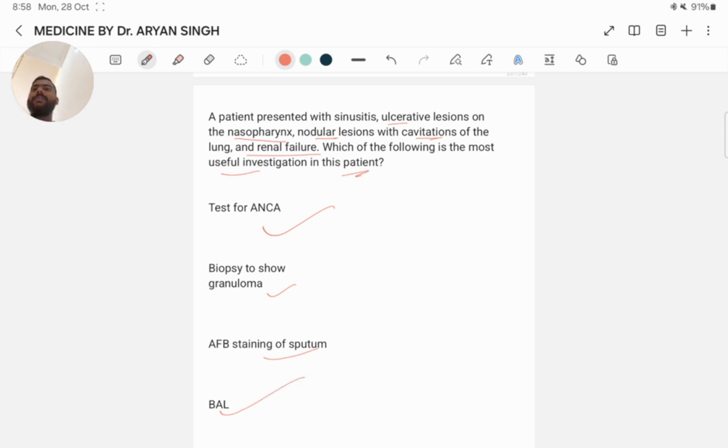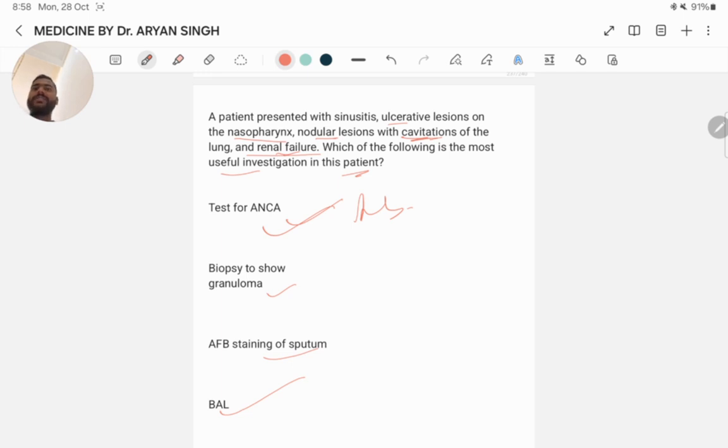Here the given patient has involvement of the upper respiratory tract, chronic sinusitis, ulceration of the nasopharynx, lower respiratory tract, nodular lesion or lung cavitation, and kidney, renal failure, which is suggestive of granulomatosis with polyangiitis, Wegener granulomatosis, and testing for cytoplasmic ANCA, or cANCA, would be the most helpful investigation of the condition. Here the answer: test for cANCA.